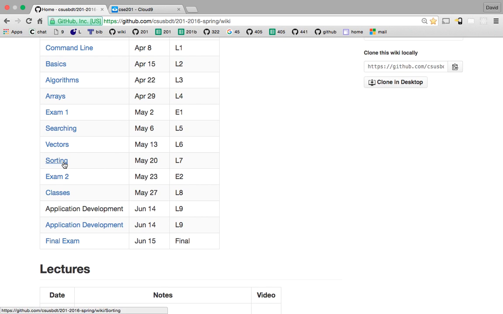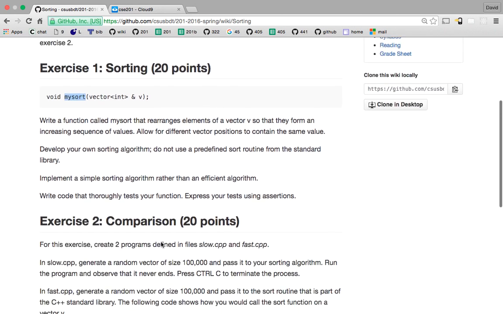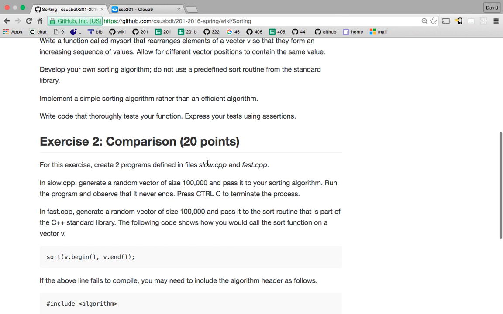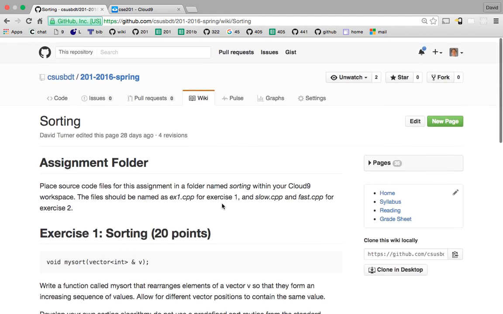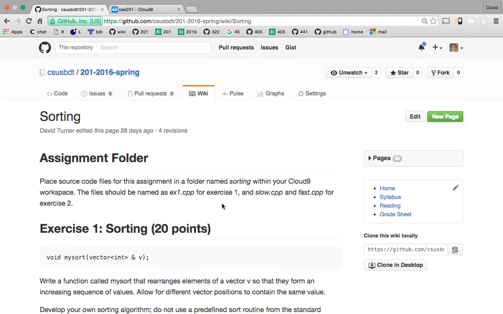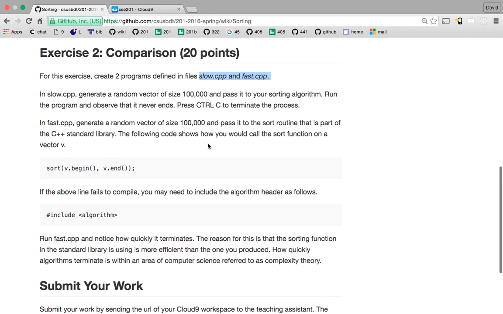Oh, here's the sorting lab. So you implement my sort, and then the slow and the fast; I kind of showed you how to do it already. And that's it. That's this assignment. So it's going to be kind of easy on you there. It's not a lot to do. I used 100,000 here, but every year I have to increase the number a little bit because the machines go faster all the time.